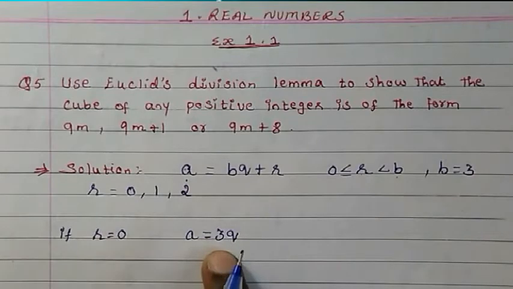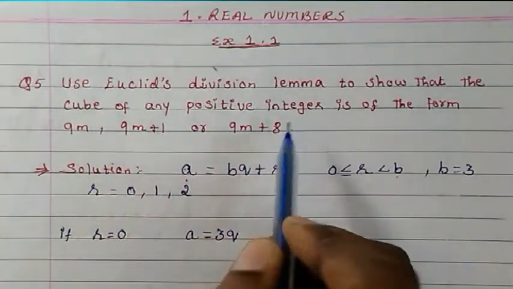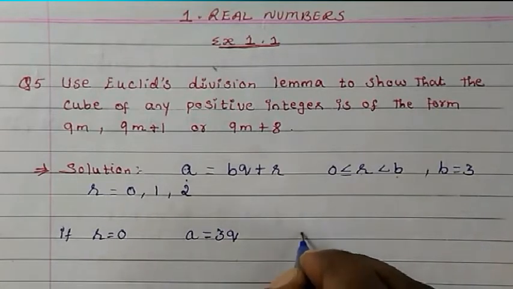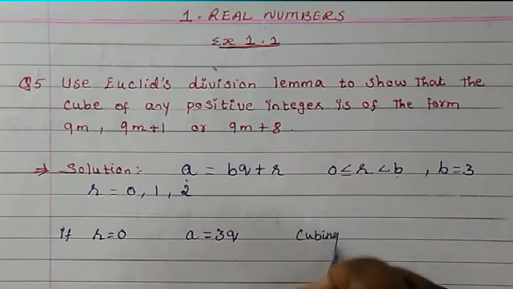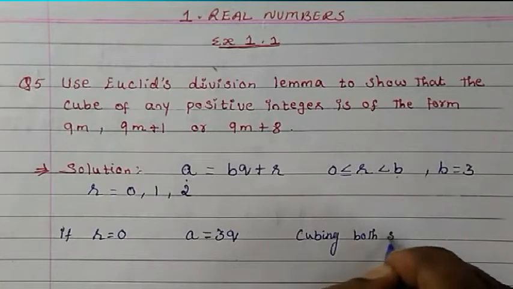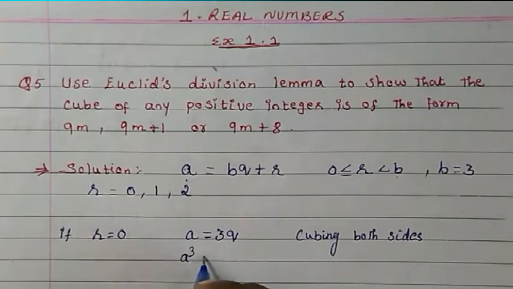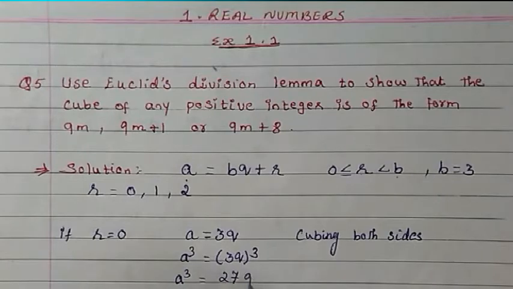Now the cube of any positive integer, that means we have to cube them. So cubing both sides, we will get a cube equal to 3q whole cube. So when you solve it, you'll get 27q cube.